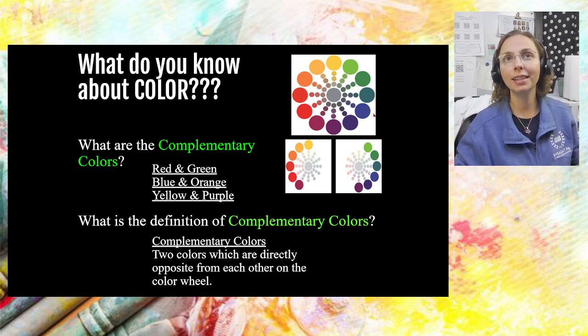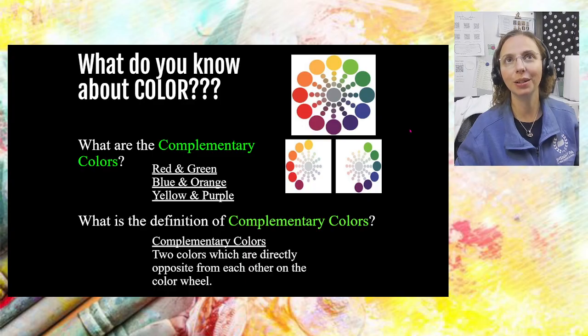So it makes sense that they're directly opposite on the color wheel. Easy to identify. You can do this with more complex colors as well. This color here is an example of a yellow green, and the yellow green is across from our red violet. So yellow green and red violet are also complementary colors.